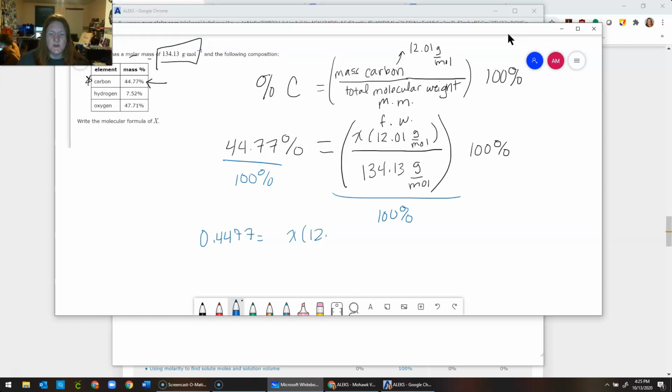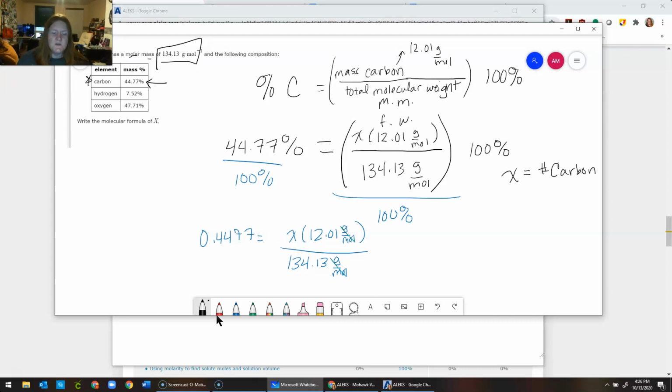That didn't change anything in our fraction at all. I do want to point out that you have formula weight on top and a formula weight on the bottom, so these units are just going to cancel each other. I'm going to stop writing them now. We're just going to get a number with no unit, which makes sense because remember that we define X as the number of carbon in the compound.